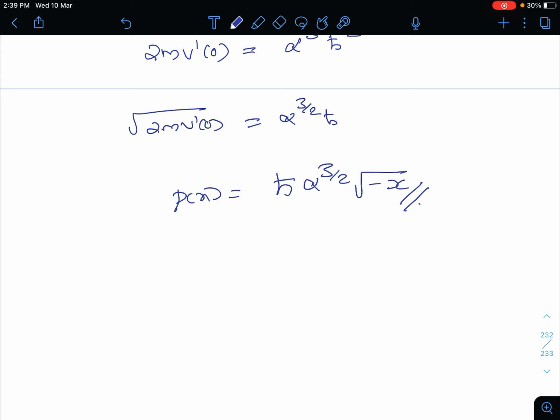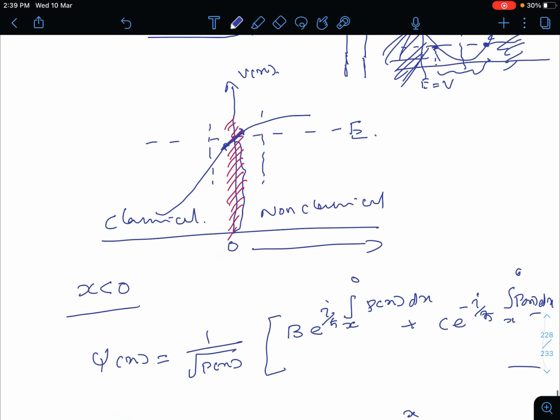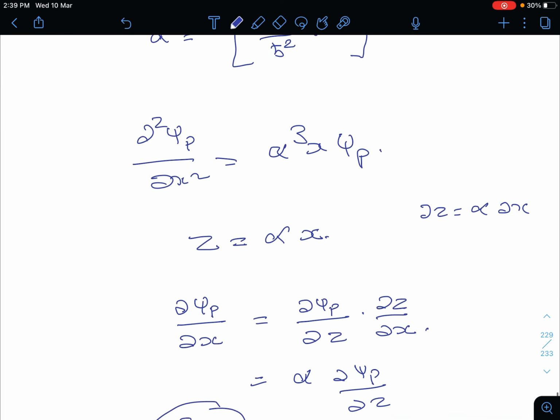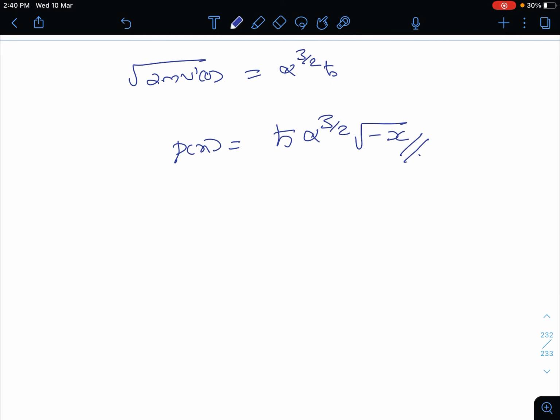So now let's check our picture. Here in this region, that is a non-classical region, the wave function is somewhat exponential, right? So in that case, integral 0 to x p of x dx I can write as h cross alpha raised to 3 by 2 integral 0 to x, what is that?